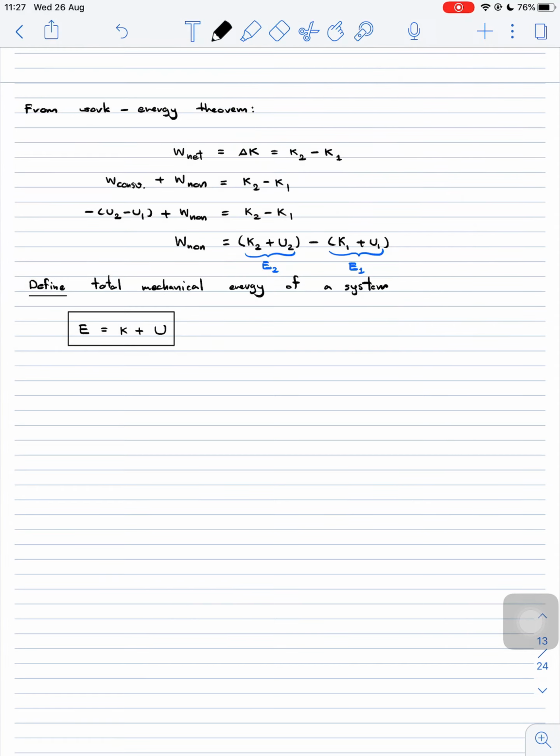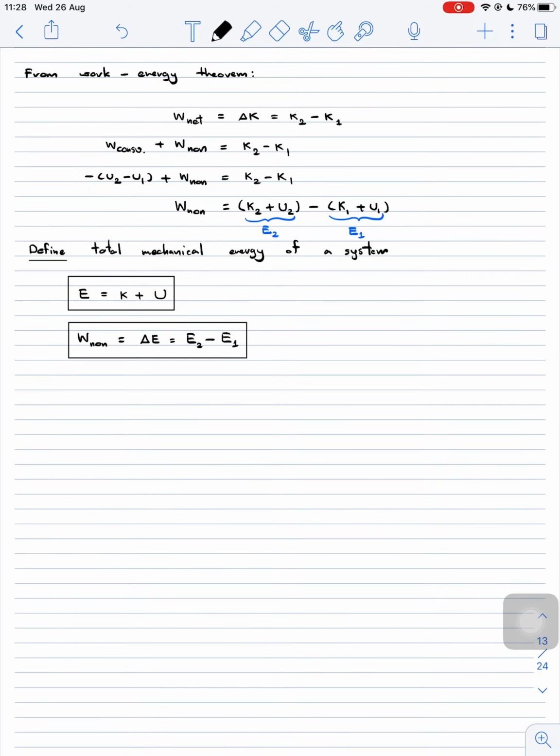So in this case, the work done by the non-conservative force is going to be equal to delta E, which is equal to E2 minus E1. So let's call the work done by the non-conservative force equal to the change in the total mechanical energy of the system.